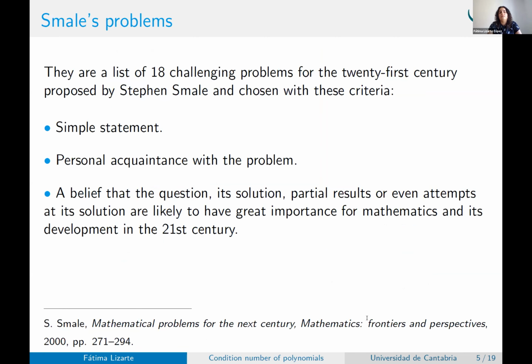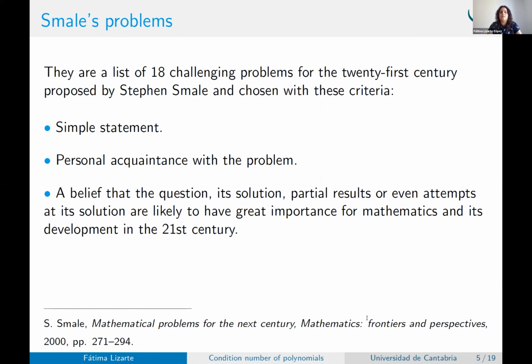At the end of the 20th century, the president of the International Mathematical Union wrote to a number of mathematicians with suggestions that they describe some great problems to be solved in the next century. Among these mathematicians was Smale. He compiled a list of 18 problems in mathematics to be solved in the 21st century, known as Smale's problems.